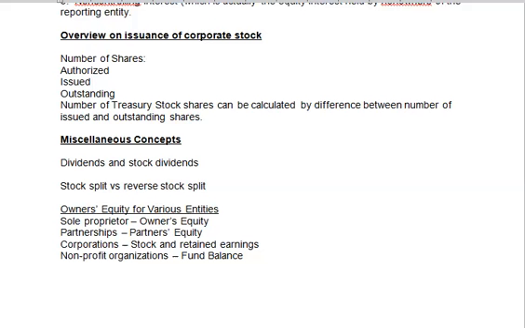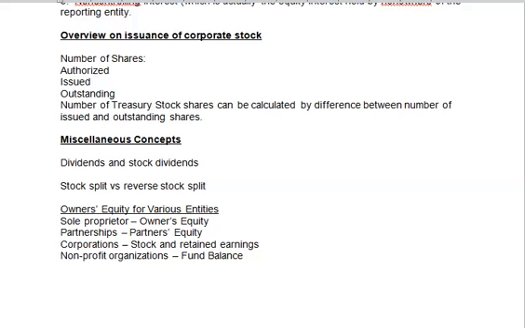So let's say they have 1,000,000 shares that are authorized in the corporate charter. They've actually issued 500,000 shares, but only 100,000 shares are currently in the hands of the public.